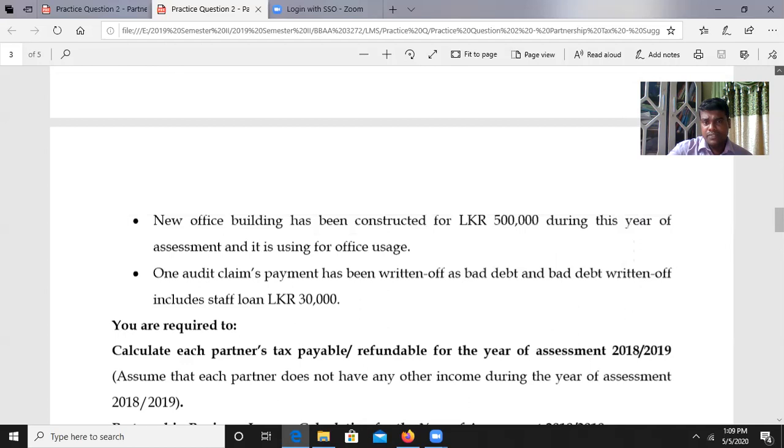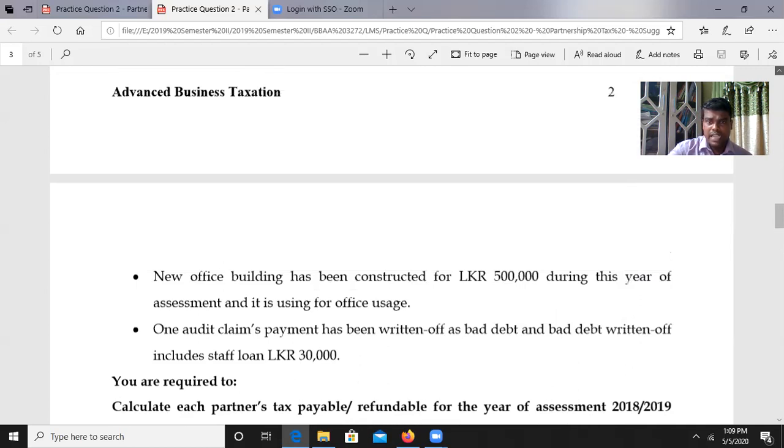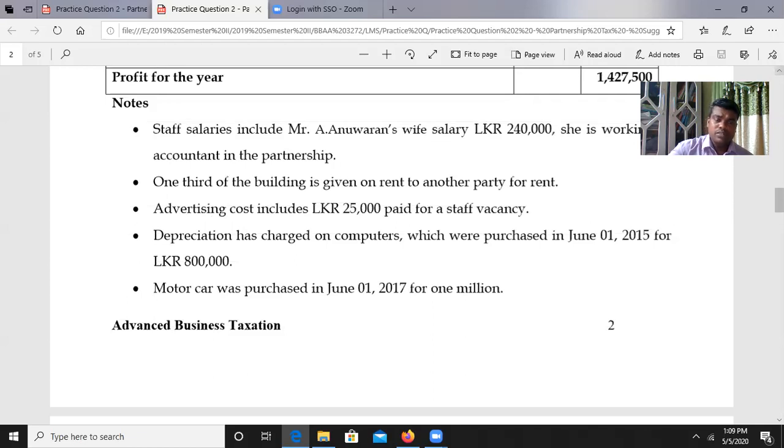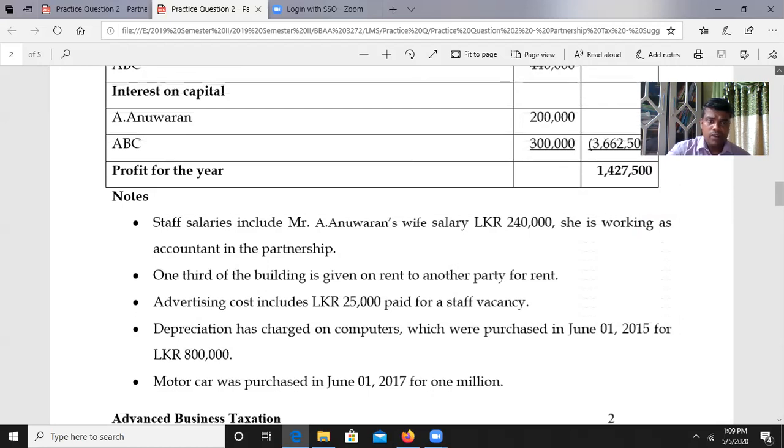I already stated that if you want to start the calculation, it is very easy to start from the notes. So I would like to start from the notes. In the first note of this question, you can see that staff salaries include Mr. A. Anwaran's wife's salary, LKR 240,000. She is working as an accountant in the partnership.